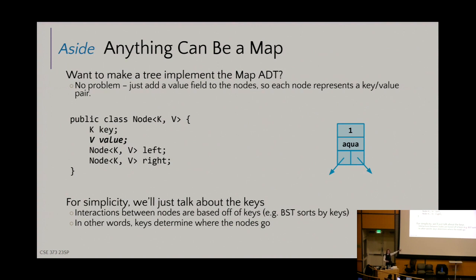But because I cannot fit it on slides, you're going to see I only talk about the keys. Hopefully after the hash table examples, you're like, we just care about what's happening with the keys. The values are along for the ride. So that's why you're going to see my nodes will disappear one of these fields. I'm just not showing you the value, but I'm still talking about a map.